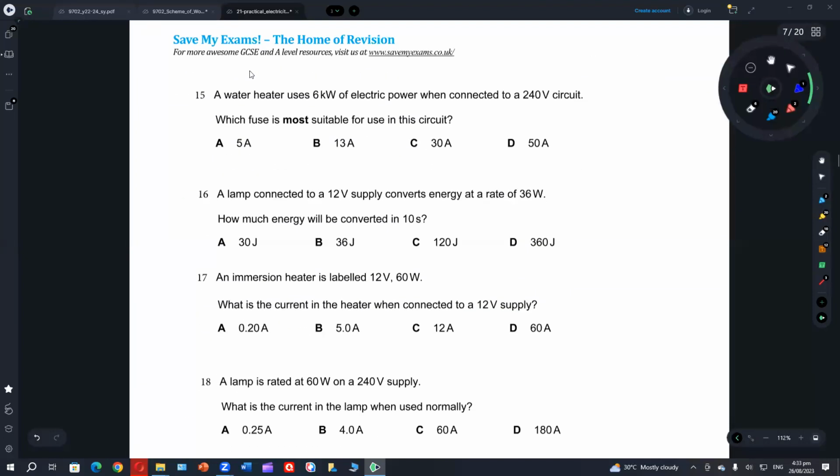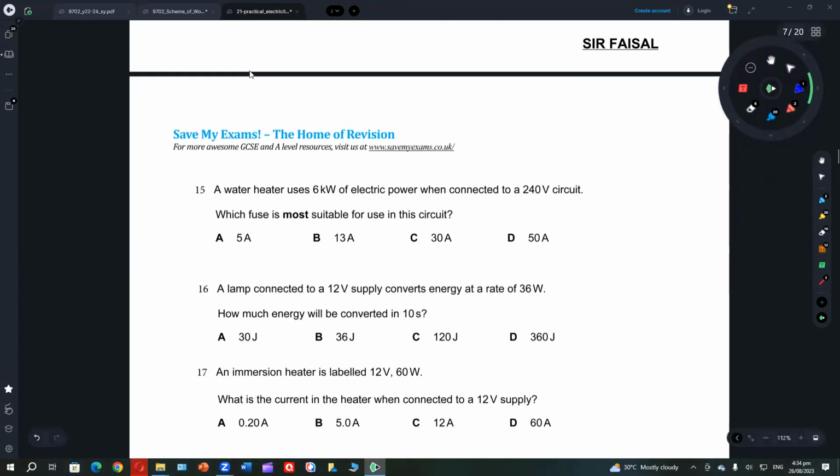A water heater uses 6 kilowatt of electrical power when connected to a 240 volt supply. Which fuse is most suitable?